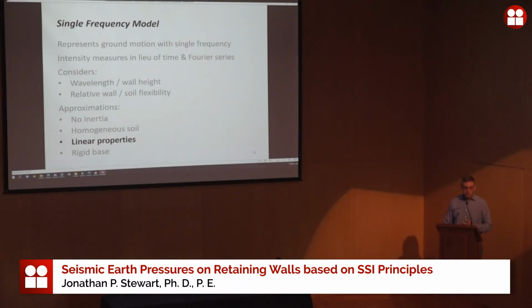So why would I write a paper that I recommend for practice in which we have a linear model? So instead of making a complicated series of plots, I'm just going to point out that there's two counteracting effects when you go from linear to nonlinear. When you go from linear to nonlinear, you make the wavelength shorter. When you make the wavelength shorter, you get more wall pressure. When you go from linear to nonlinear, you make the G smaller.